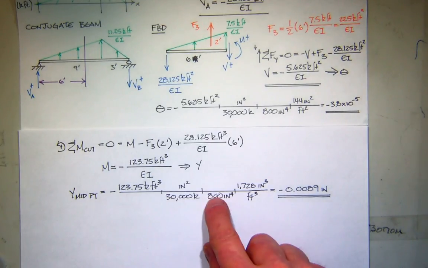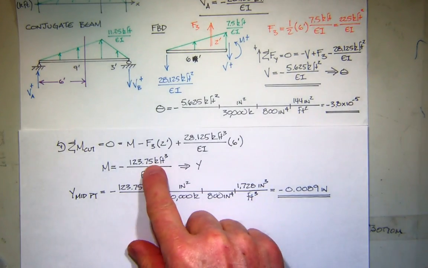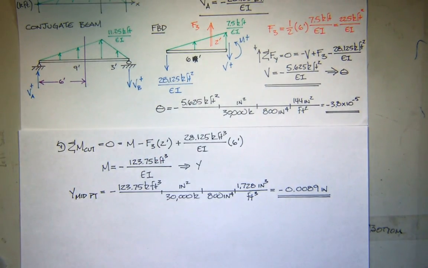I could just say assume E and I is constant and not actually give you values of E and I. So the answer would just be this. Make sure you keep your units squared away. So again, pretty small displacement.